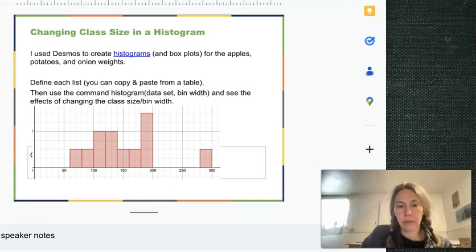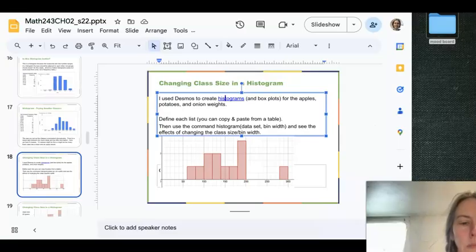Now here's a real histogram, and I used Desmos. I don't remember if these are the potatoes. I guess I could check the data from the activity. So this is, I believe, the potato.